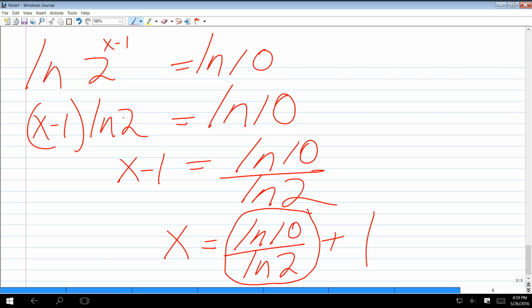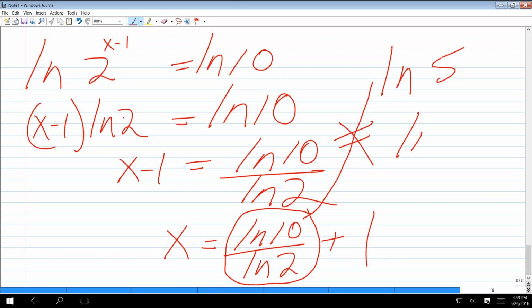Now, be kind of careful. This is a really easy mistake to make. That is not equal to the natural log of 5. No, it's not division. Because ln is not a number.